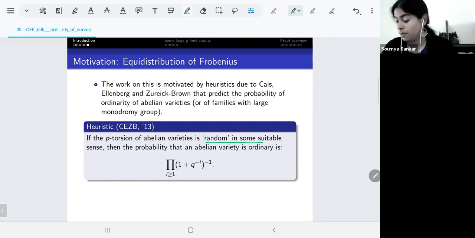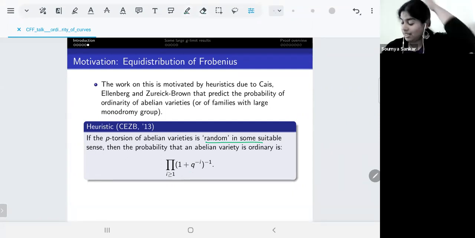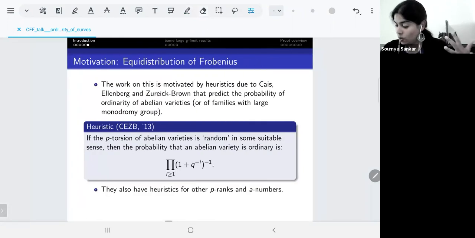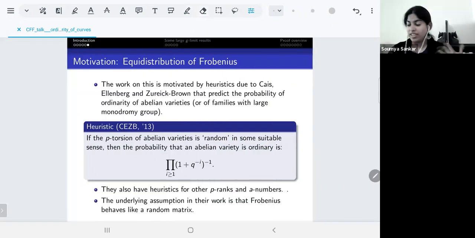And for people who work on arithmetic statistics, you might recognize this as being very similar to the quantity that comes up in Cohen-Lenstra for function fields, except that in that case, you have l and not q. So what is their underlying assumption?